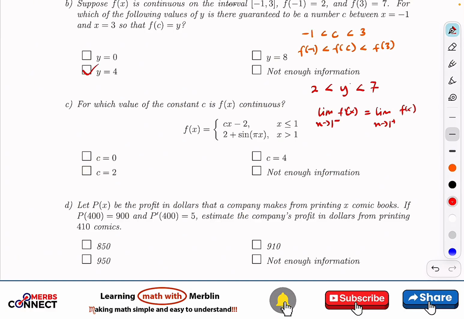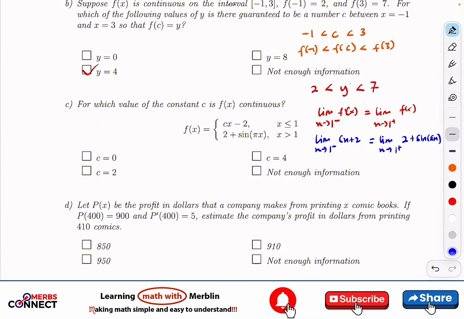So from the left is this one, and from the right is this one. So let's write it down quick. Limit as x approaches 1 from the left, we are going to use cx plus 2, which is equal to the limit as x approaches 1 from the right, we are going to have 2 plus sine pi x.